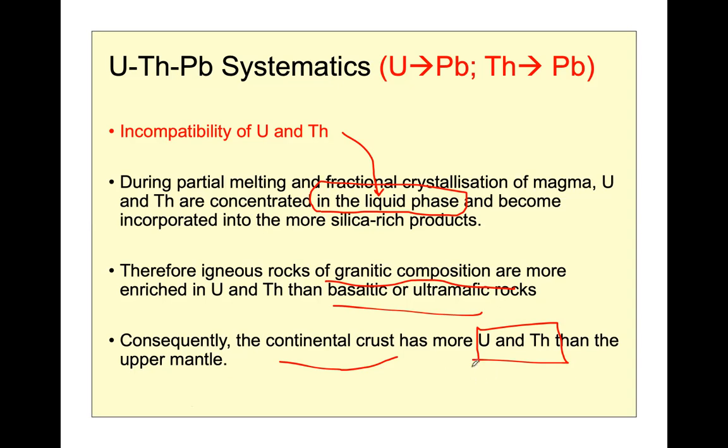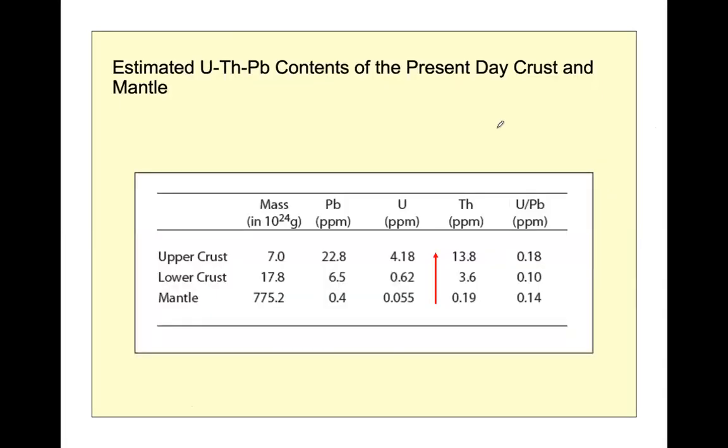Okay, so the mantle should be depleted because it is mostly the residue. Uranium and thorium are not much enriched in the mantle, but in the crust you have a lot of uranium and thorium. That means parent isotopes are there, which causes a lot of daughter isotopes to be enriched in the crustal products. So this is important, and you can see here the upper crust and lower crust compositions of uranium and thorium, right?